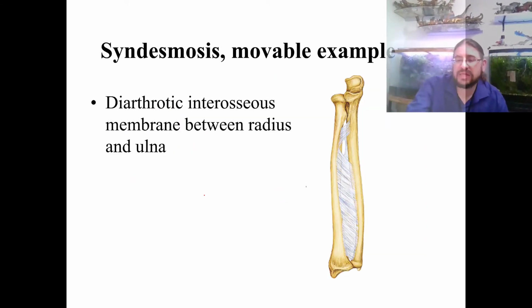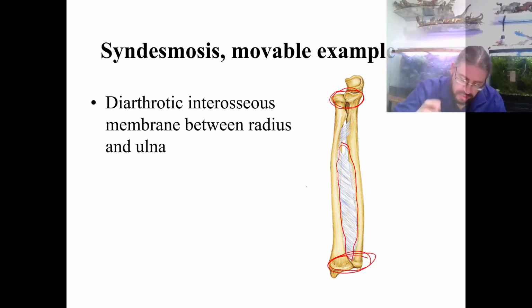Whereas here's our diarthrotic syndesmosis. This is referred to as an interosseous membrane. So this is between the radius and the ulna. And it is just a membrane to help keep those bones up close, to help maintain these two joints where these bones articulate.